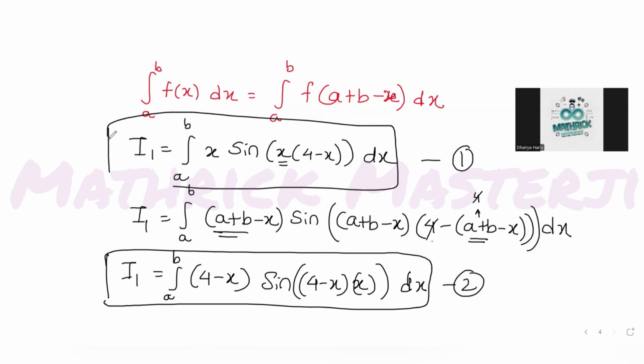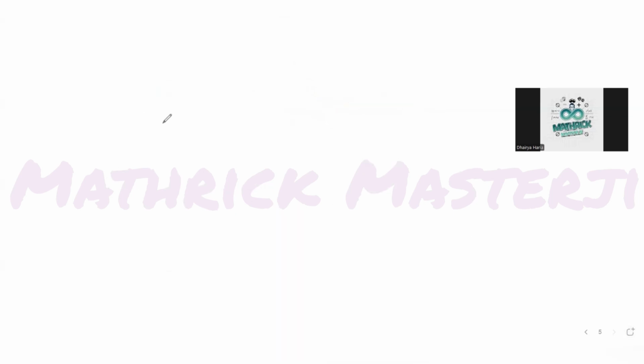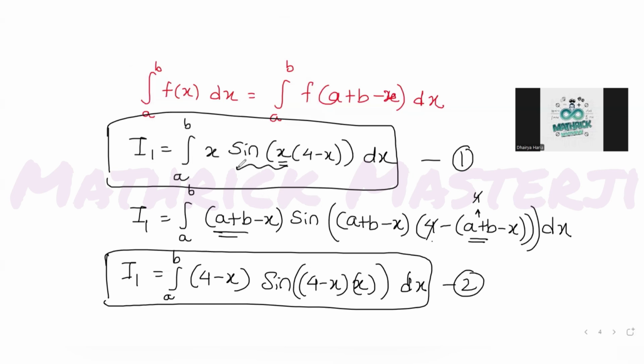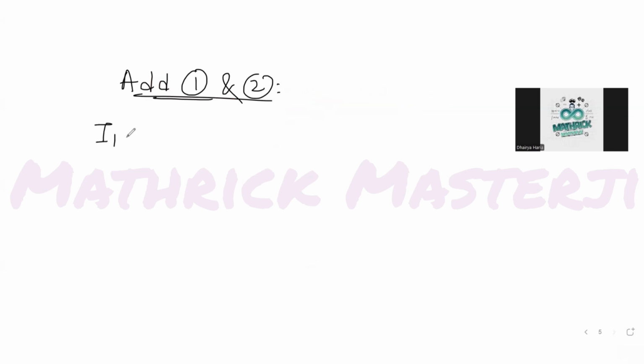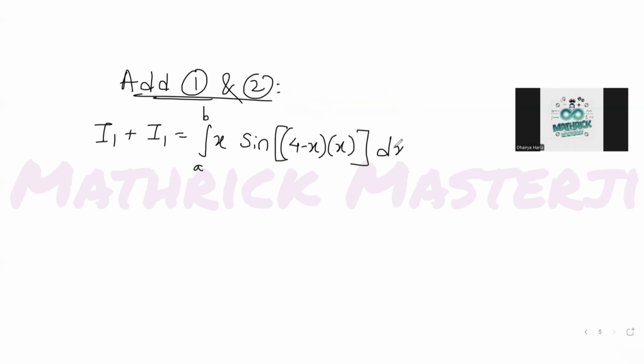Now, once I have both of them here, let's try to solve this. If I add 1 and 2, I get I1 plus I1 with the same limits a to b. The first had x sine of (4 minus x) dx, plus the other had the integral from a to b of (4 minus x) sine of x dx.